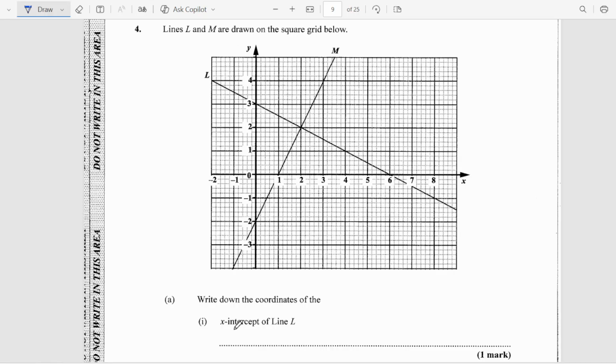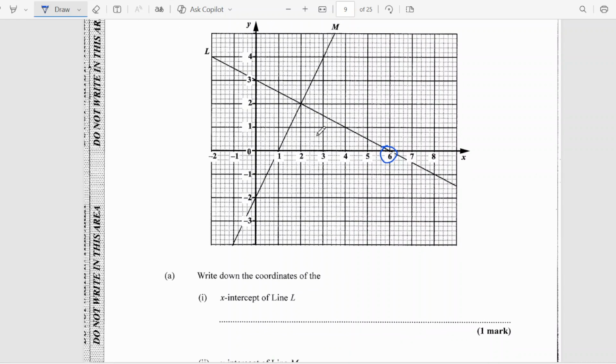It is intercepting the x, right? So you follow line L and you see it passing through the x-axis at this point here. So they're asking you for the coordinates of that. So the coordinates of this point, x is going to be 6, and we didn't go up at all, right? We're on the x-axis, so that means y has to be 0.